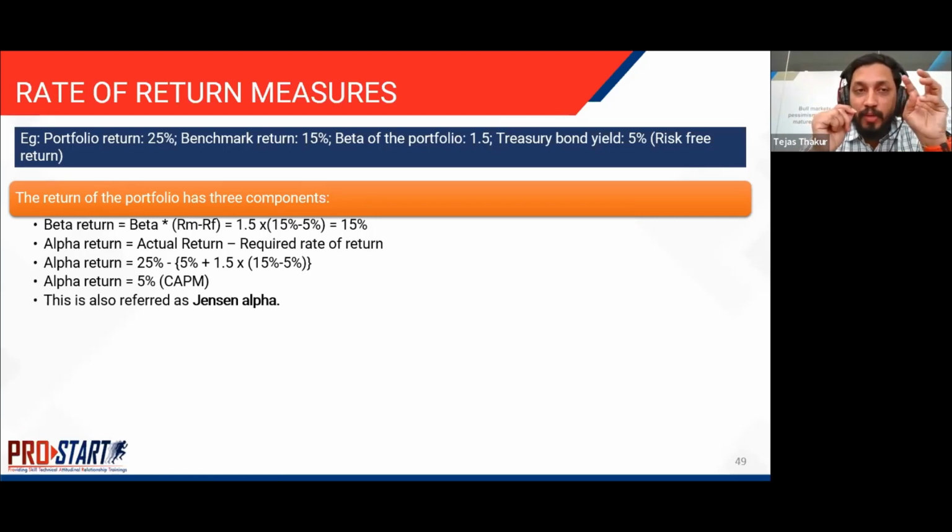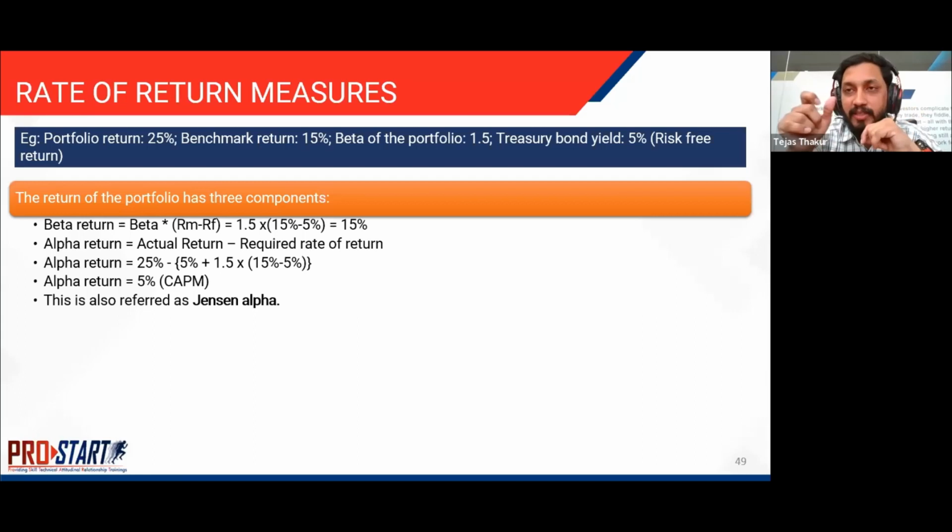Now, if the actual portfolio return is 25%, which means by proper stock selection or proper sectoral selection, the additional return that the fund manager has created, which is 5% in this example, is because of the fund manager, and that is generally referred to as Jensen's alpha. Now, many times people just subtract the two, which is 25 minus 10, and say 10% is alpha, which is a very, very simplistic way of referring to alpha.